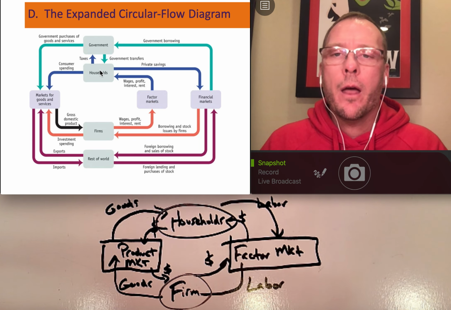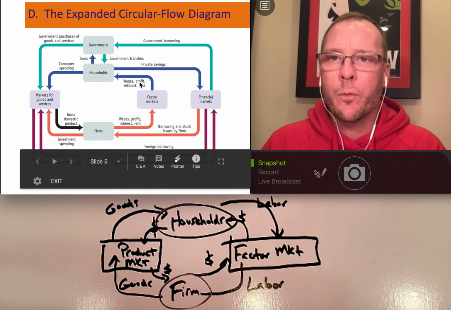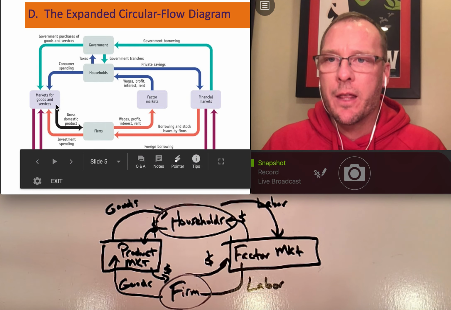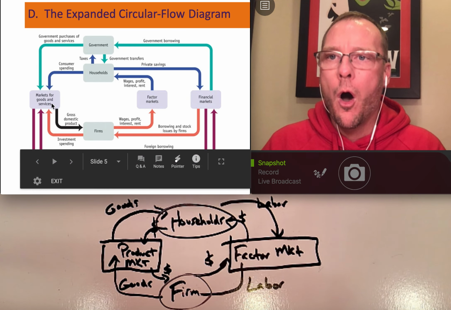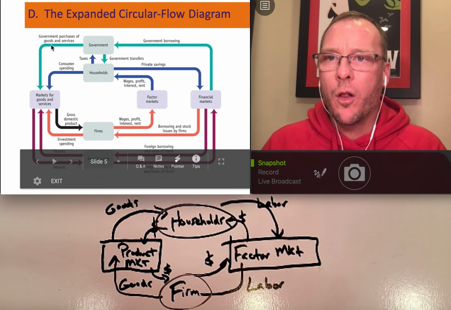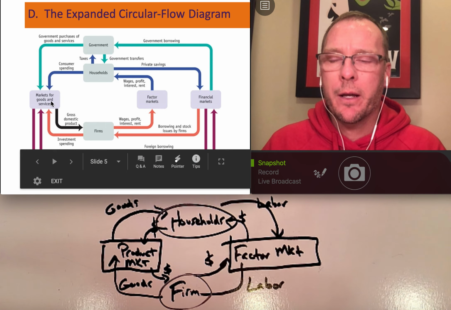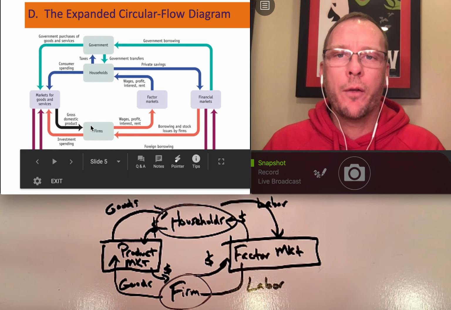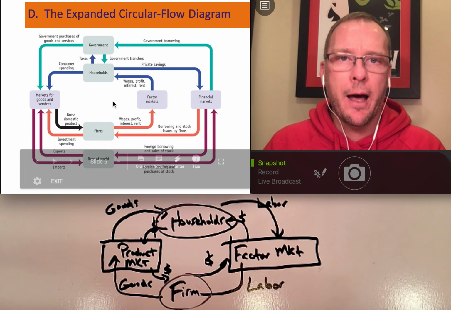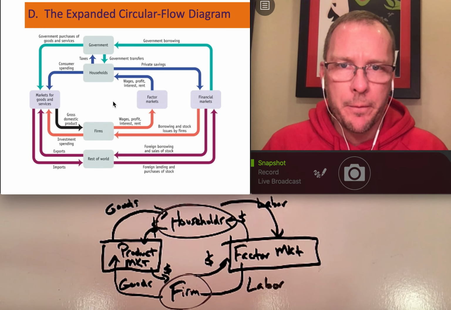All right. Now on this graph or chart, one of the things you'll see is this black line here. All the stuff that goes in, all of the firms, all of the government buying things in that product market, that's going to result in GDP. This is our gross domestic product. That's all of the goods and services that are produced in an economy in a given year.